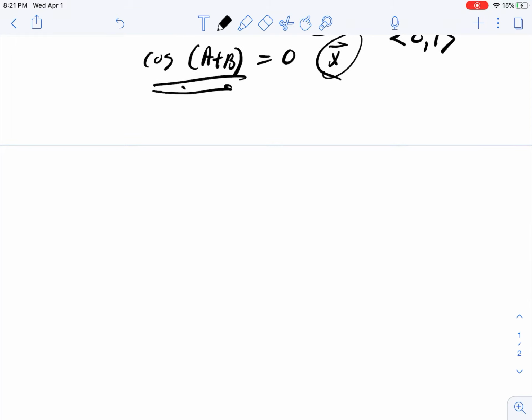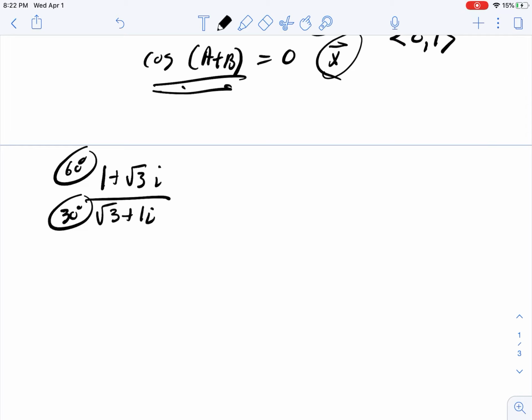All right, so now what happens if I divide? Let's say 1 plus root 3i over root 3 plus 1i. This is my 60 degrees component, and this is my 30 degree component. So basically, I'm going to subtract when I divide.